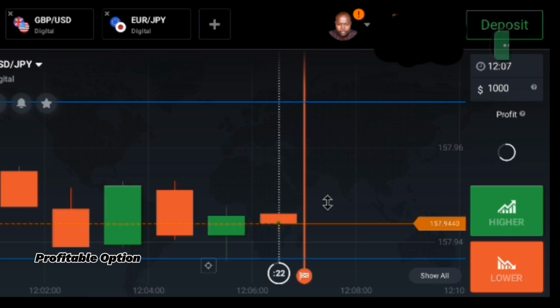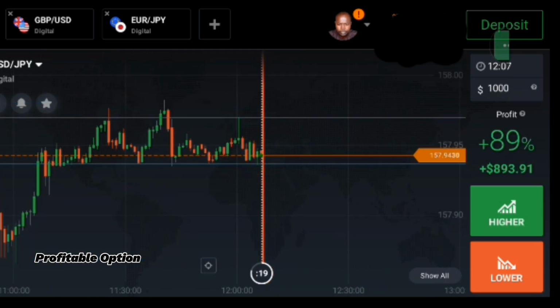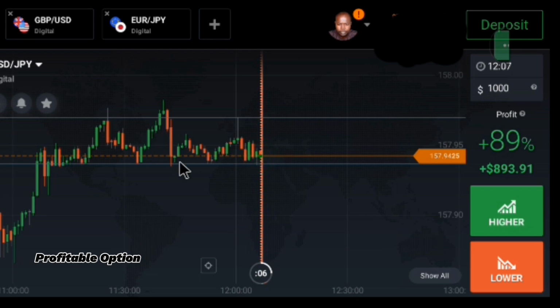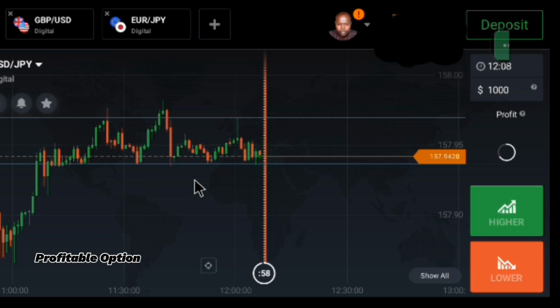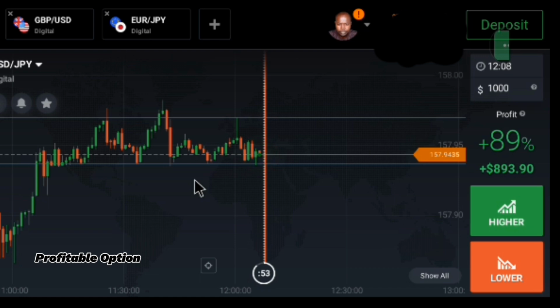All right, so the reason I took this trade was because, like I said, this is a strong support. And you can see that I do not have any other indicators here other than this resistance horizontal line and support horizontal lines. With these two, really, you can trade binary options and be a consistent, profitable binary options trader.